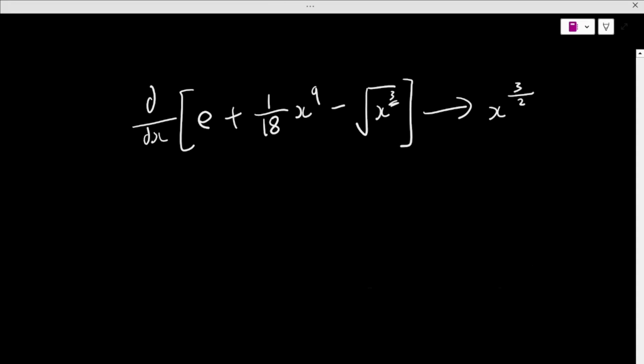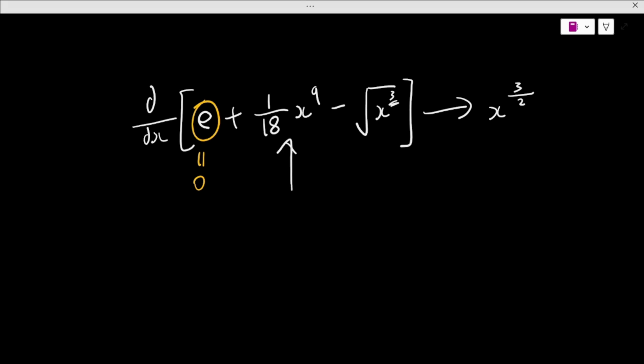Now, let's get to differentiating. First things first, we see that e is a constant. It's about 2.7. So its derivative is just going to be equal to 0. The derivative of this, 1 over 18 x to the 9th, well, instead of trying to take out the scalar multiple and then differentiate it and then put it back, what we can do is simply bring the power down, multiply with it immediately, and subtract 1.